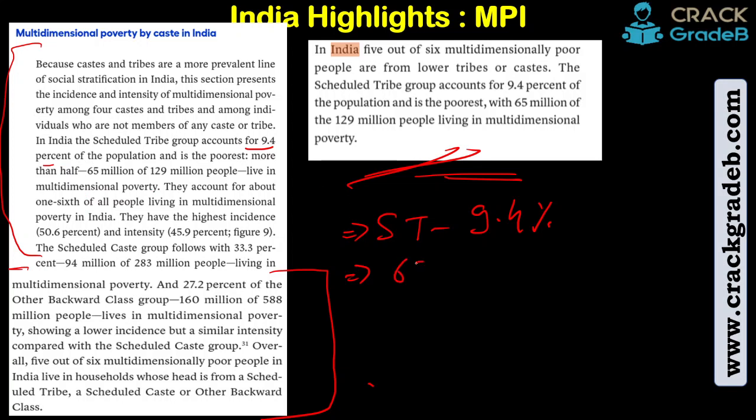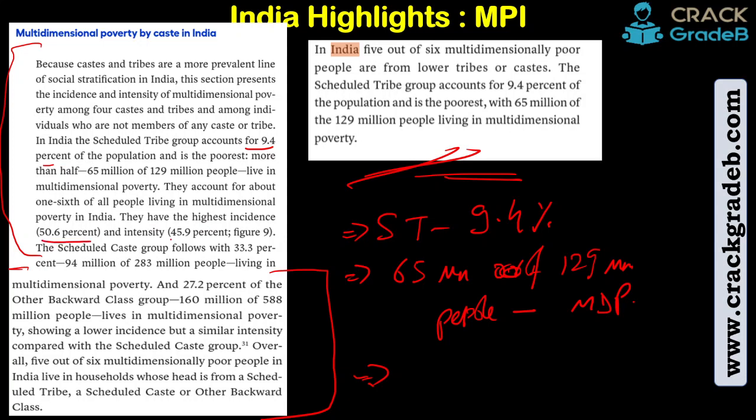Okay. According to the report, more than 65 million of 129 million people live in multidimensional poverty. Okay. Next one, they have the highest incidence 50.60% and intensity 45.90.